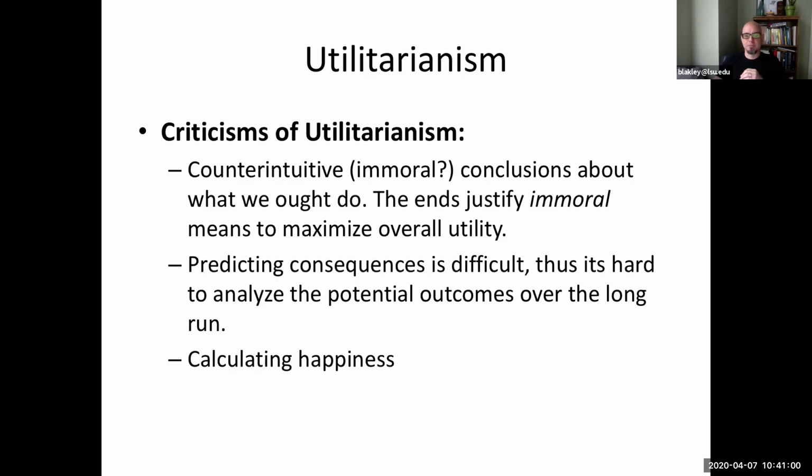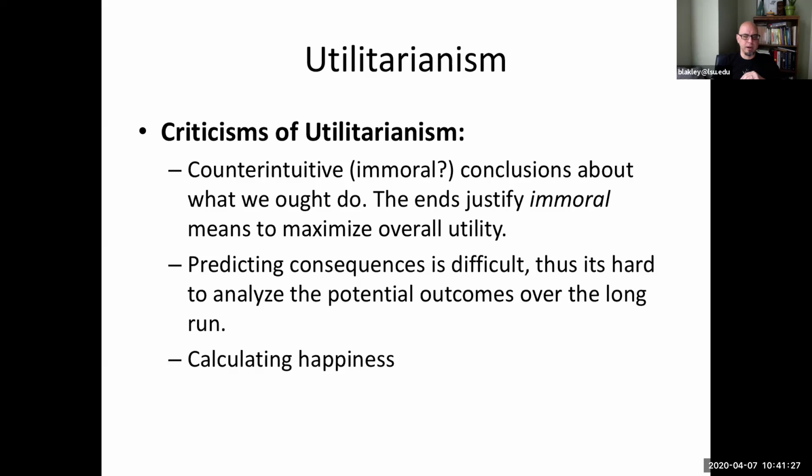Another objection: predicting consequences can be difficult. If we're trying to figure out what the best consequences would be, how to maximize happiness over the long run, that gets pretty difficult to do. And then calculating happiness can be a problem here as well. Oftentimes utilitarians think more in terms of not what we could possibly do to bring about more happiness, but what we could do to just minimize pain, right?